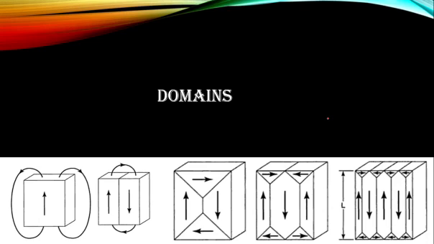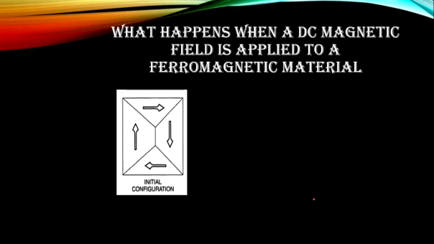What do we mean by domains? Domains means that in some region the magnetic moments of atoms are aligned in one direction, and in some other region they are in another direction. You could have a single domain, two domains, four domains, or many domains. So what happens when such a material is subjected to a DC magnetic field?